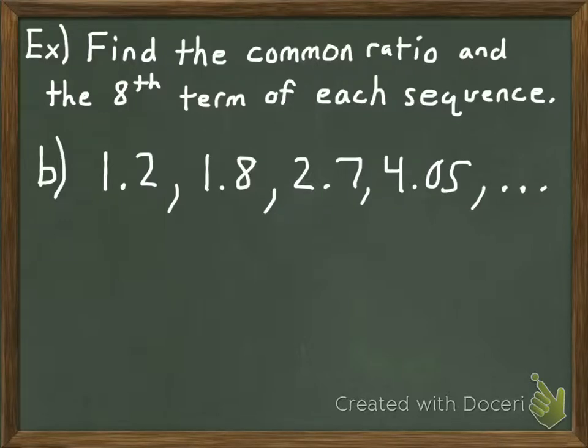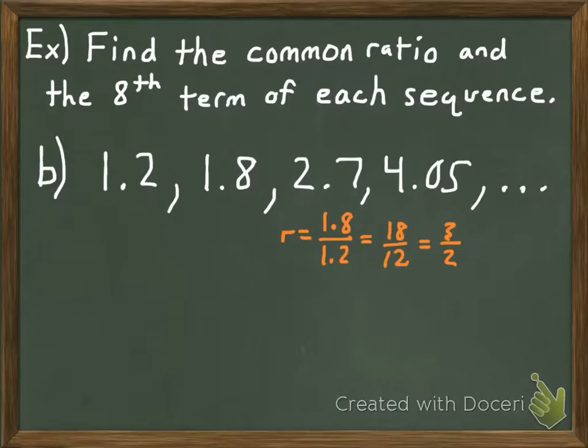Alright, again, the first step is the common ratio. In this case, that means we're dividing 1.8 by 1.2. Now that happens to be 18 over 12, which simplifies to 3/2. You could have also said it was 1.5, but if you weren't using a calculator, this is what you would do.